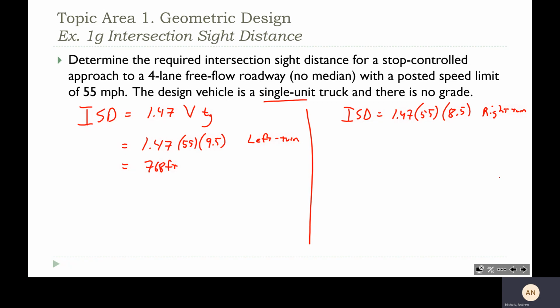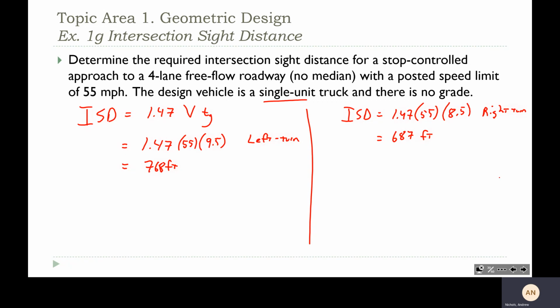And then for the right turn, using the 8.5 seconds. So those are the intersection sight distances for this particular vehicle.